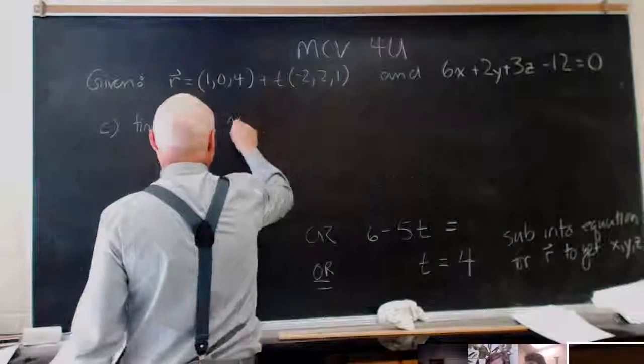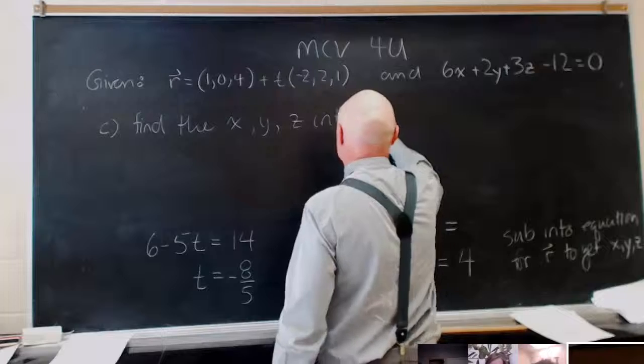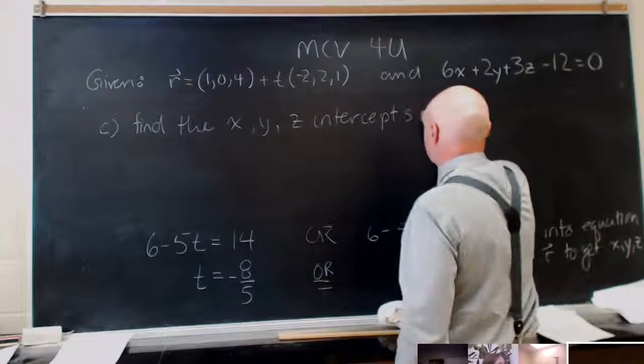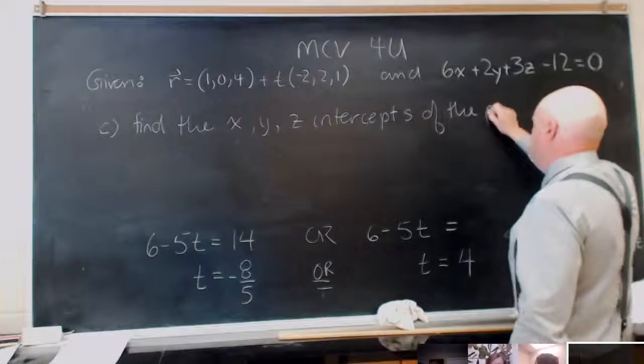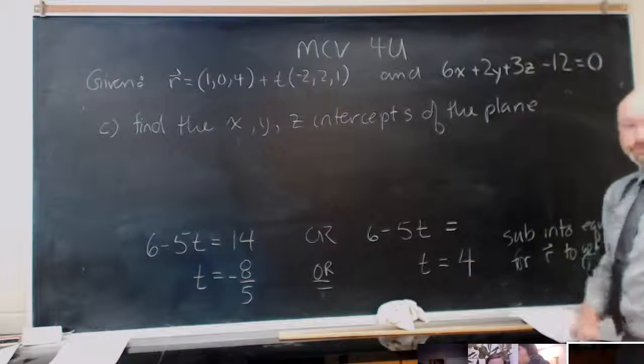So let's take a look at the x, y, z intercepts of the plane. And this is pretty easy to do. So when that plane is intersecting the x-axis, what's the value of y and z?